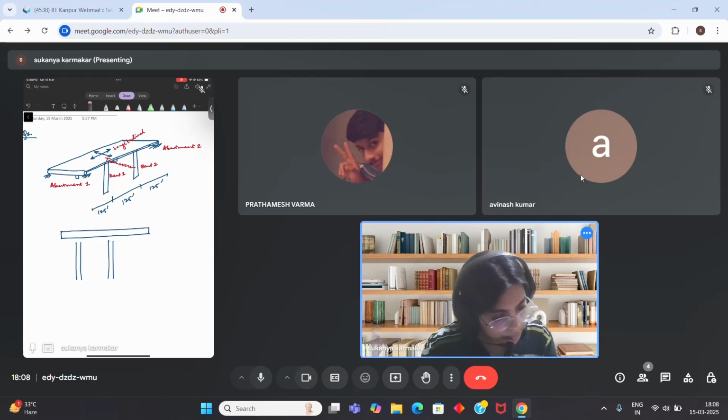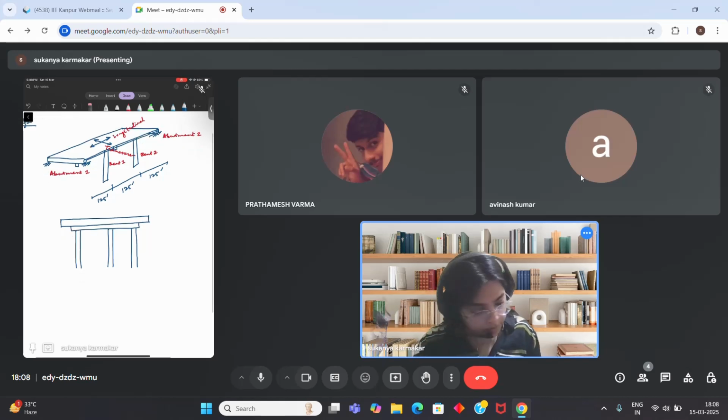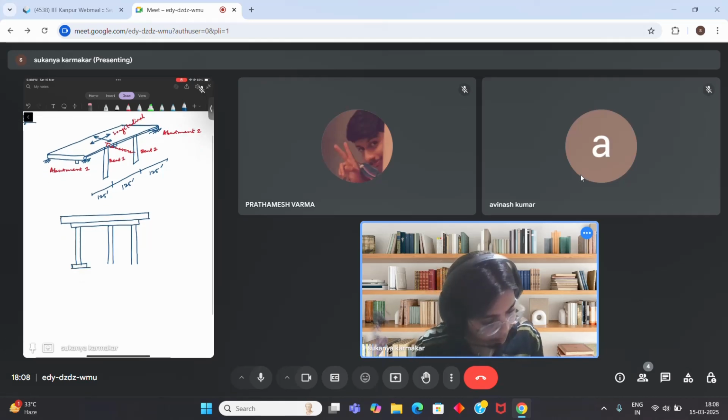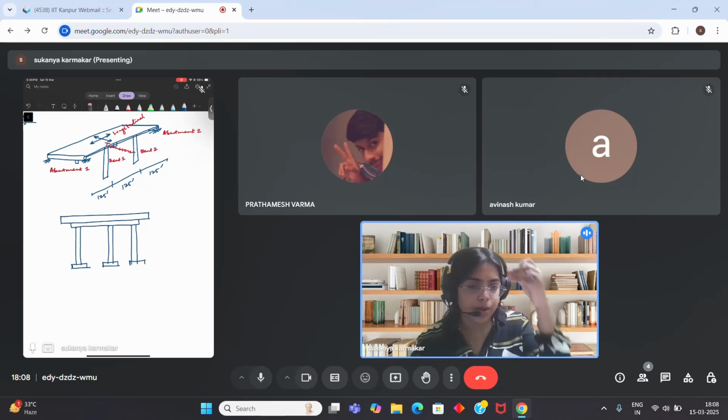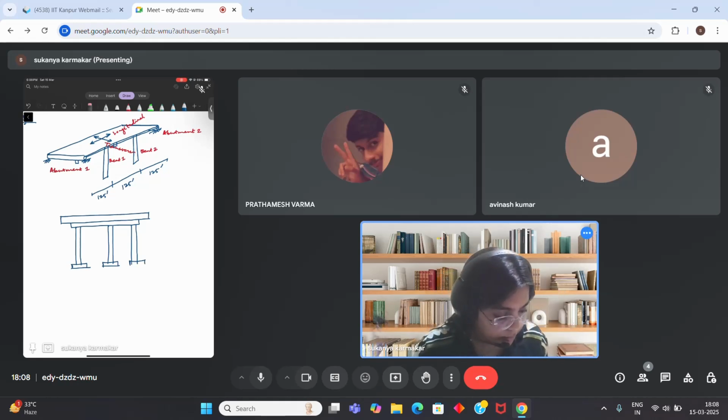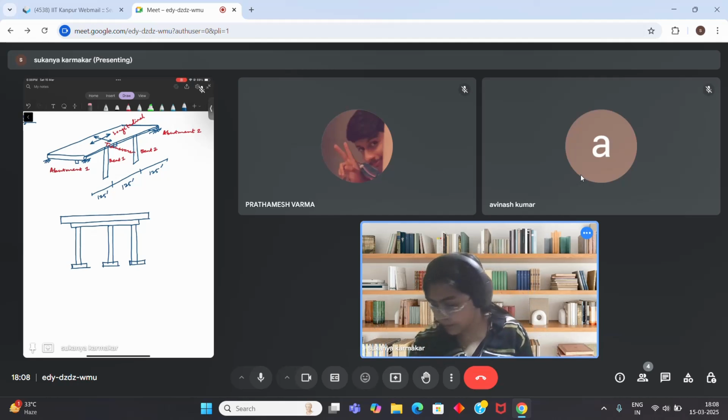So this is the cross section. You have footings. In each cross section you have three pillars, and the height is 55 inch.